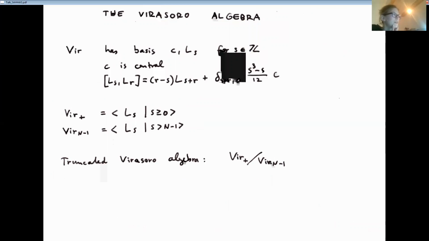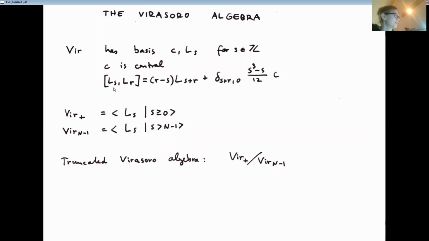And to give a reminder on the Virasoro algebra, that's a Lie algebra that has as basis a central element and elements indexed by integers.